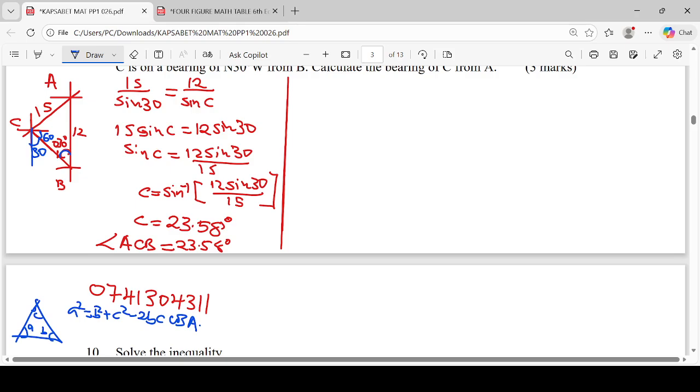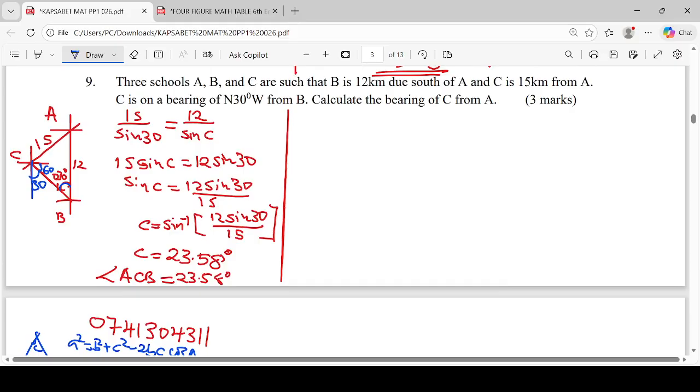So after we got this as 23.58, but remember the whole of this one here is 60. So what does it mean? It simply means that because this was just an estimate, angle ACB, the whole of that angle should be 23.58 degrees.